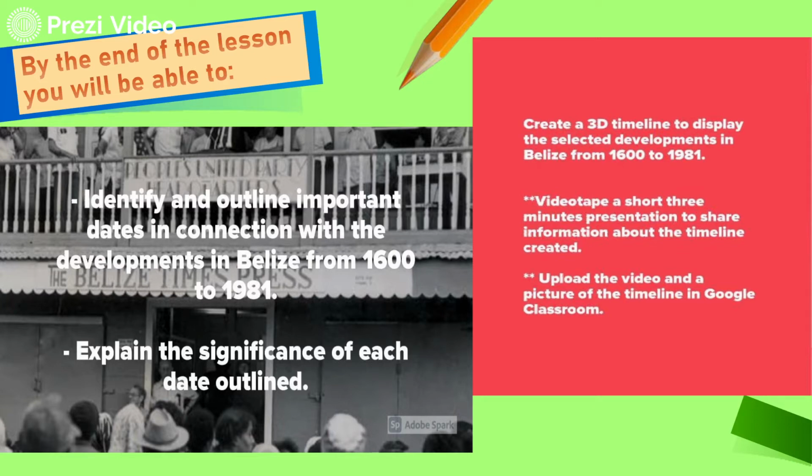I hope you understand that. Then your final task will be to upload a picture of your 3D timeline, and you will also upload your video presentation in Google Classroom. For those students who are not in Google Classroom, you can send this information to me via WhatsApp. And then of course we have the students who are receiving packages. You will submit these activities to class.